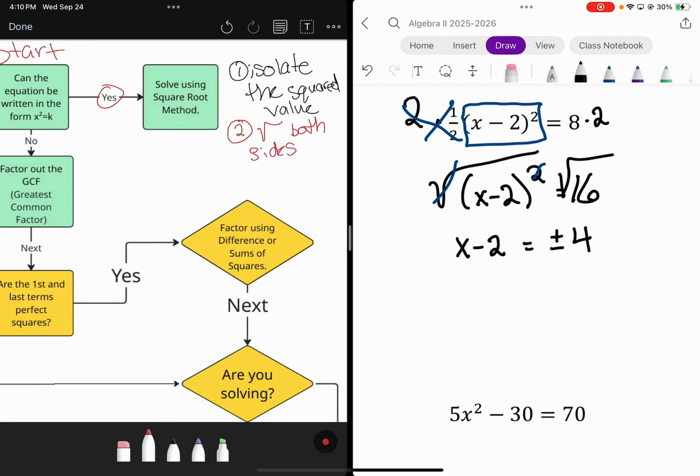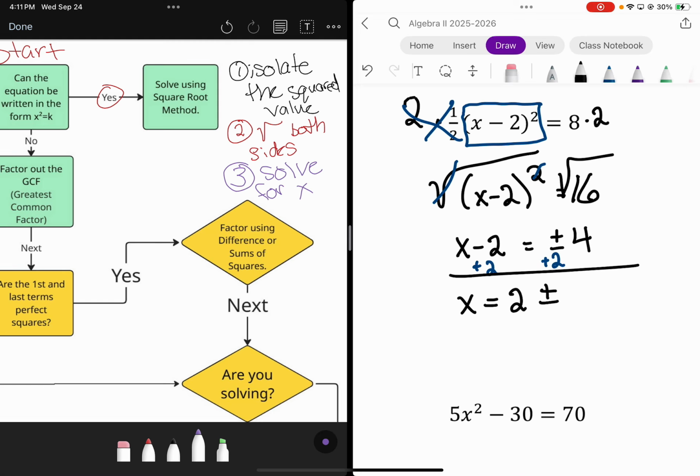Our goal is still to get x by itself. So your third thing is to then finish solving for x. On this one, we would end up adding 2 to both sides. Now, when you have this, we would end up with 2 plus or minus 4.